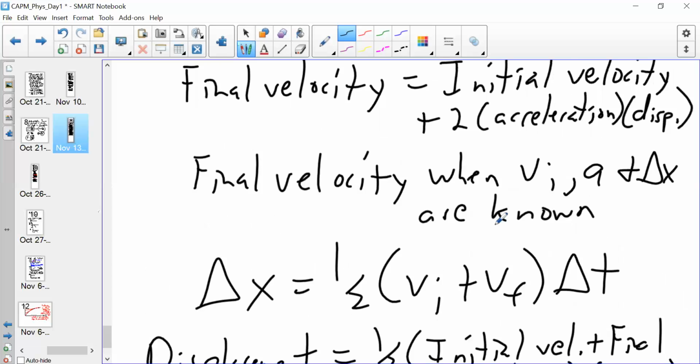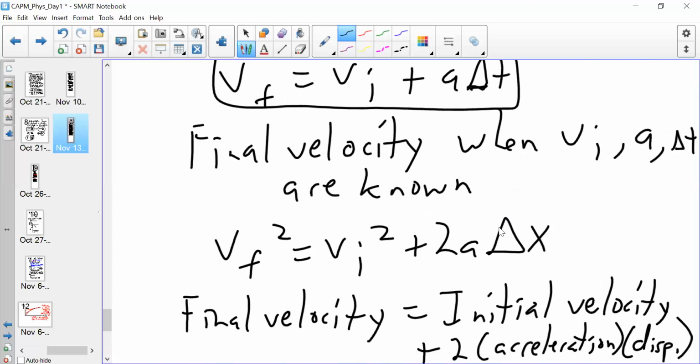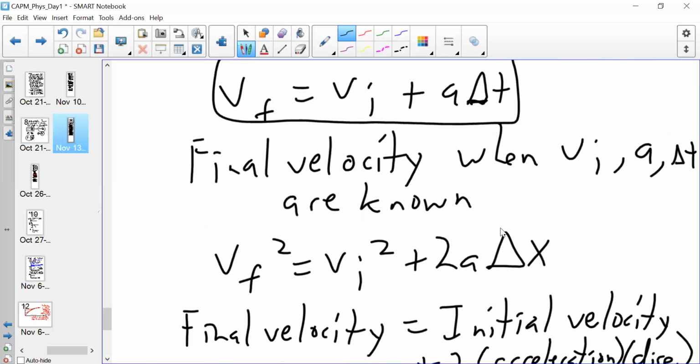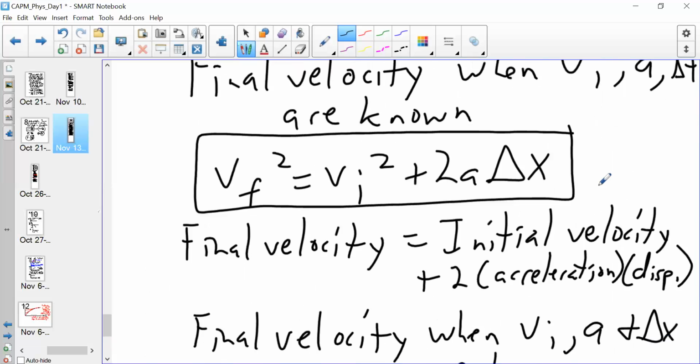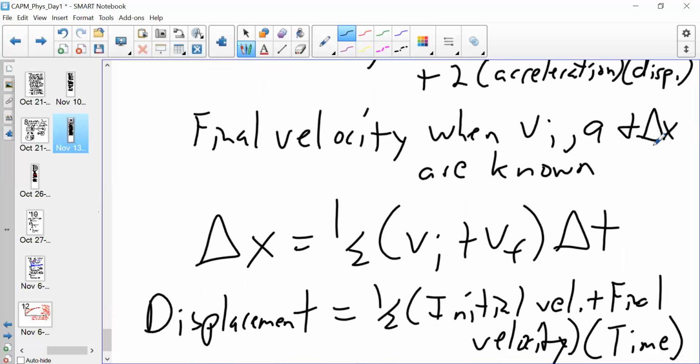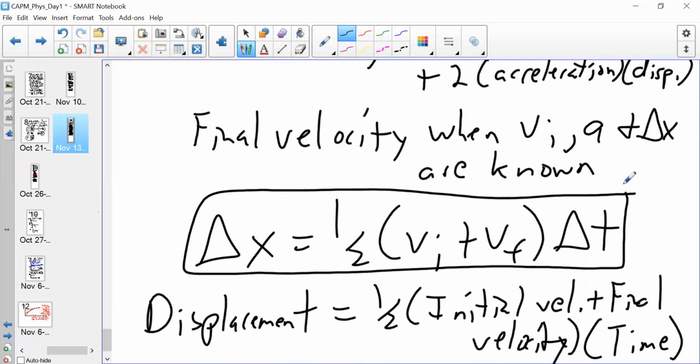All right, any questions thus far on the equations at all, the meaning of which variable means what? So again, I just want to get that last equation, put them all together.